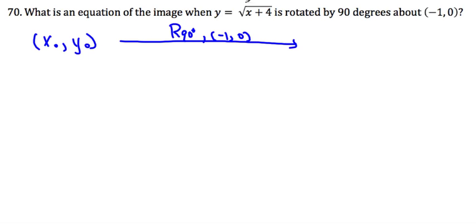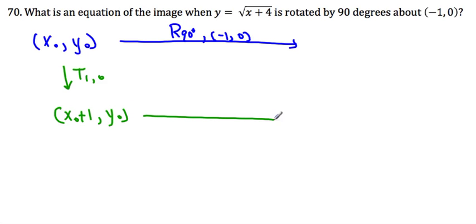First step, we apply the new center by having the opposite of that, translation (1, 0). Then our answer becomes (x naught plus 1, y naught). Now apply the rotation of 90 degrees about the new origin, which is (negative 1, 0). Then we end up getting (negative y naught, x naught plus 1).